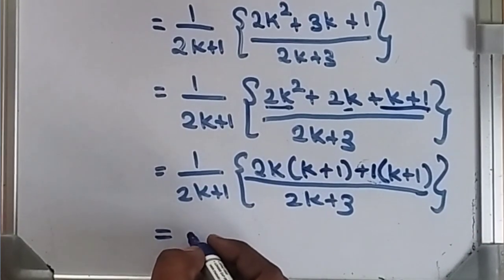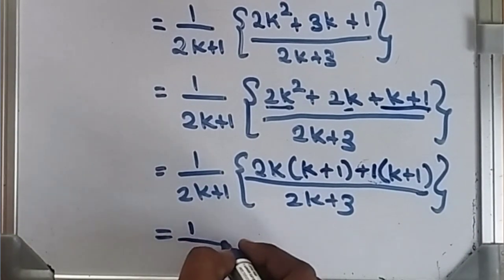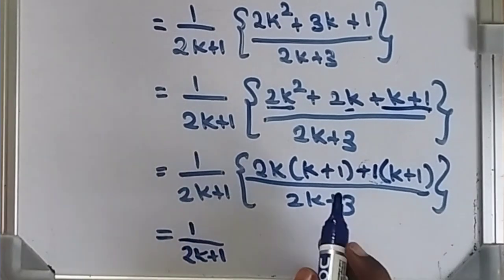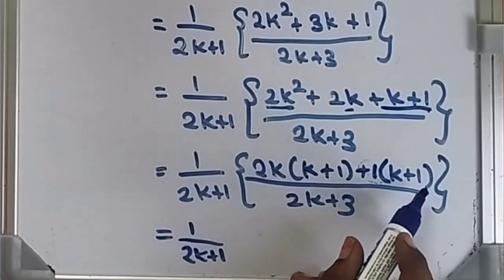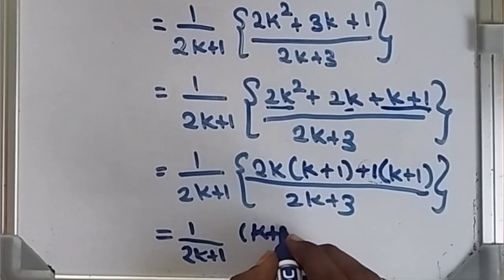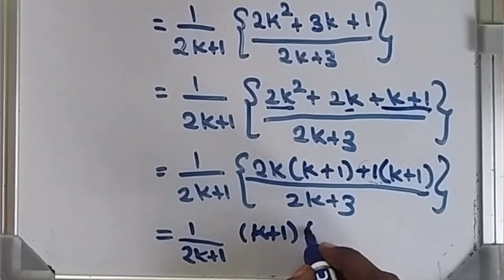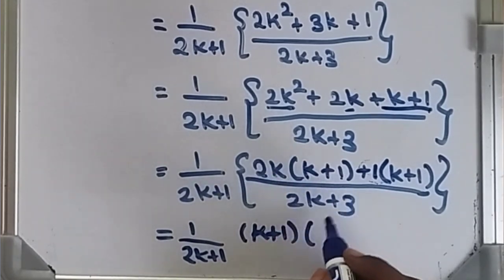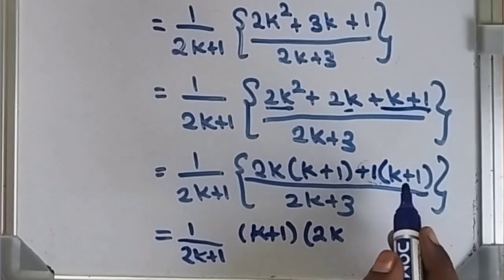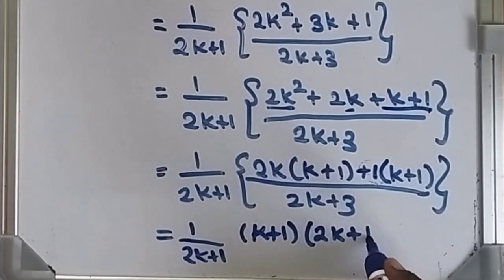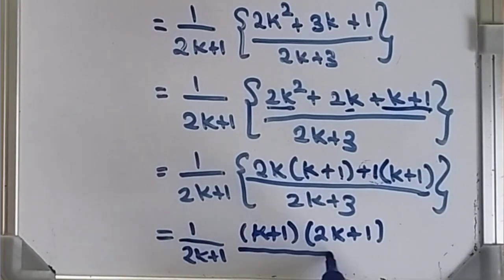Right. So what we are going to do now is 1 divided by 2k plus 1. Now we are taking k plus 1 on both sides as common. If we take k plus 1 from this term, it will remain 2k plus 1, and if we take k plus 1 from this, it will remain 1 divided by 2k plus 3.